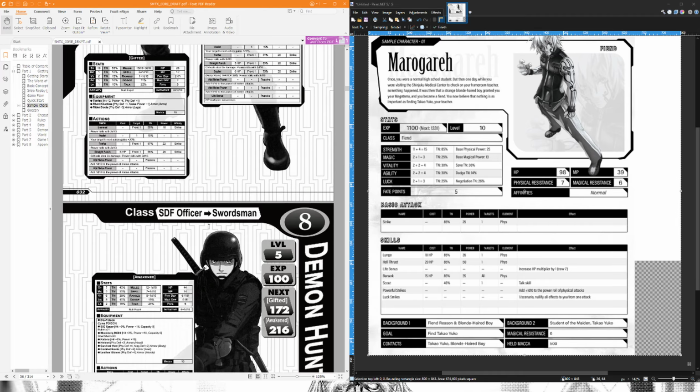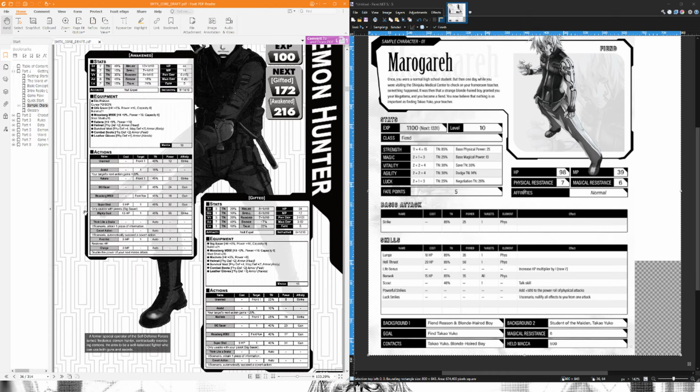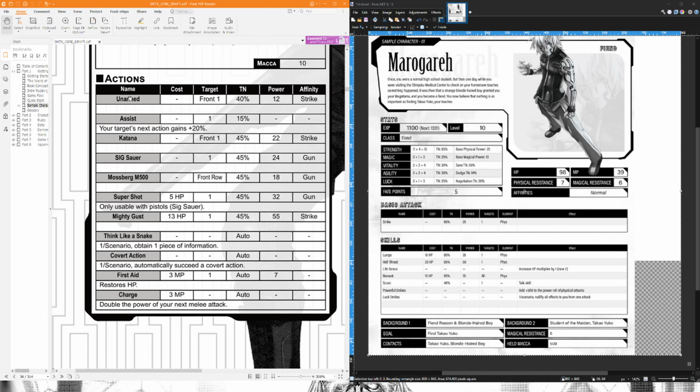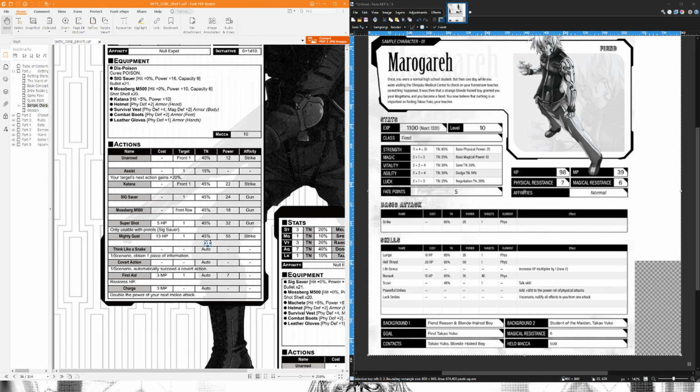Yeah, maybe not. So here, for the purposes of the sample character, they have all of the major actions they can take. They can make an unarmed attack. They can take the assist or aid action. Then they have weapons. So this guy's got 3 weapons. But then he has 1, 2, 3, 4, 5, 6 abilities.